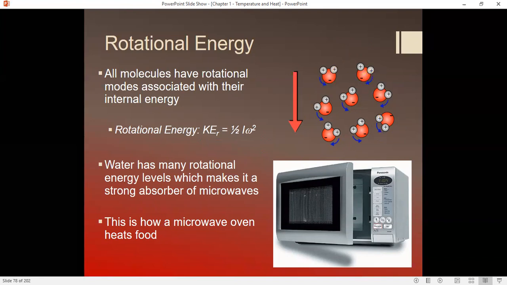In fact, when you use a microwave oven, what you're doing is you're tuning the microwaves, which are electromagnetic waves, to the rotational energies of the water molecules. Because water is polar, this oscillating wave comes in and creates a torque on the water molecule, where the water molecule is always trying to realign with the electric field, but because the electric field is changing, it causes them to spin faster and faster and faster.